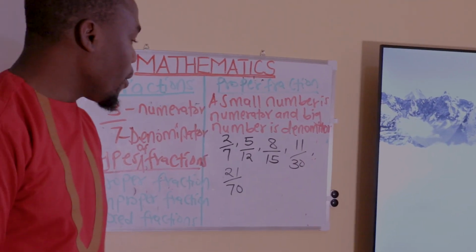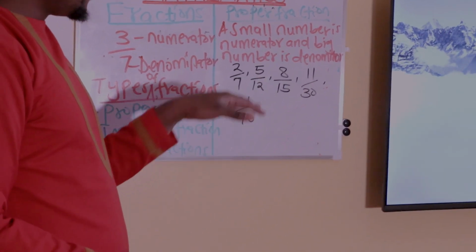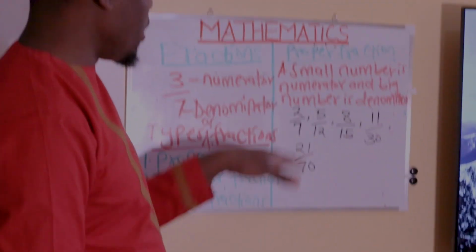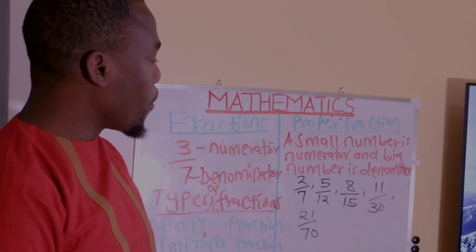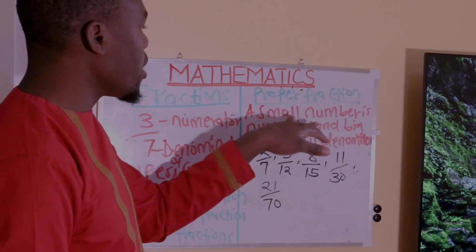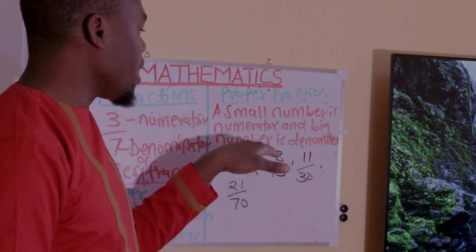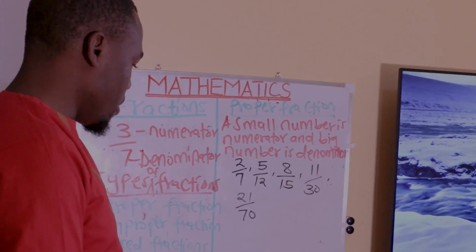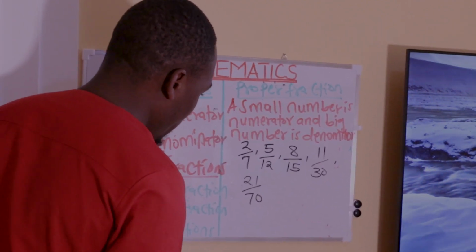Now, from there we go and discuss another type of fraction, the improper fraction. When we were discussing proper, I told you that in a proper fraction a small number is in the numerator and the big number is the denominator. Now in improper, it's the opposite.